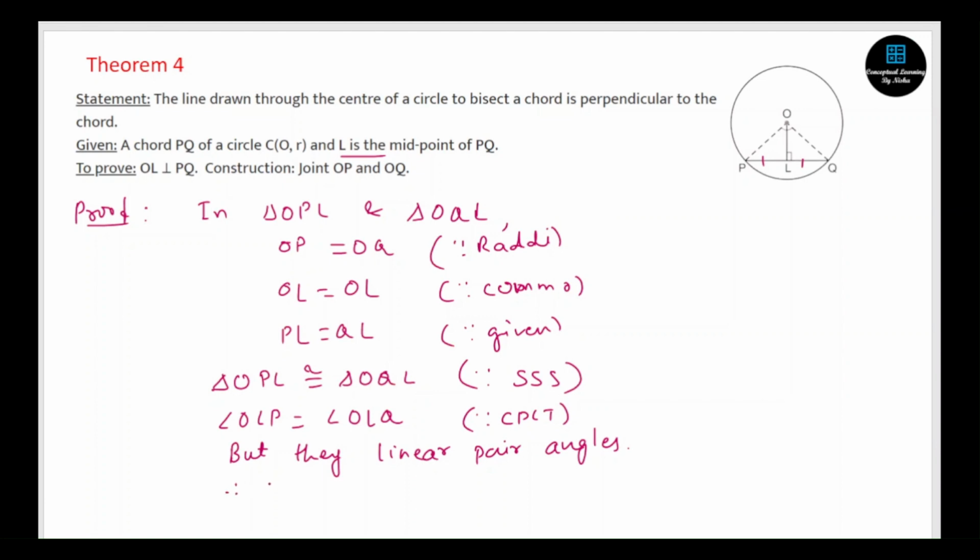So hence angle OLP equals angle OLQ equals 90, and that implies that OL is perpendicular to PQ. Proved, correct?